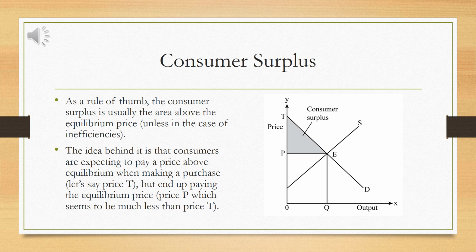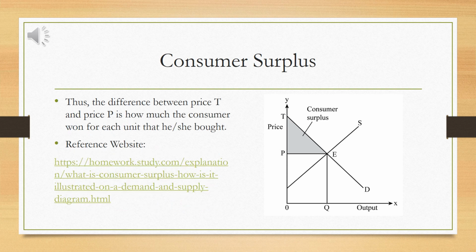Let's say that they expect to pay price T, but they end up paying the equilibrium price, let's say price P, which seems to be much less than price T. Thus, the difference between price T, which is the price that the consumer was expecting to pay, and price P, which is the equilibrium price, and the price that the consumer actually paid, is how much the consumer won for each unit that he or she bought. I got the graph aside from the following reference website.